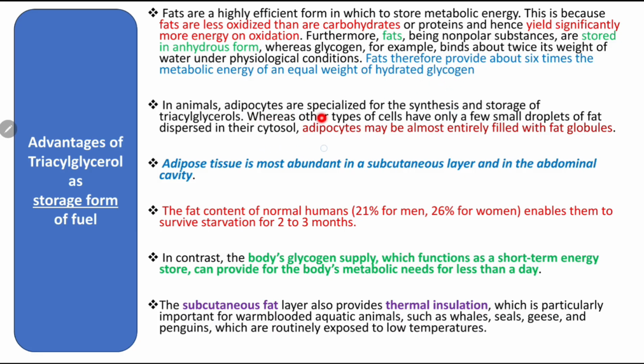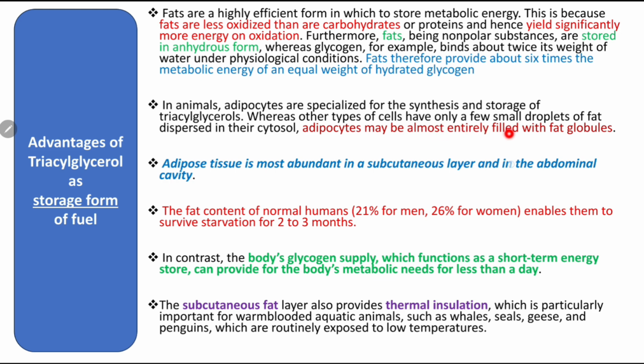In animal cells, adipocytes are specialized for synthesis and storage of triacylglycerols, whereas other types of cells have only a small droplet of fat in their cytosol. So even other cells can have some fat in their cytosol, but adipocytes are specialized for storage of triacylglycerol in the body.